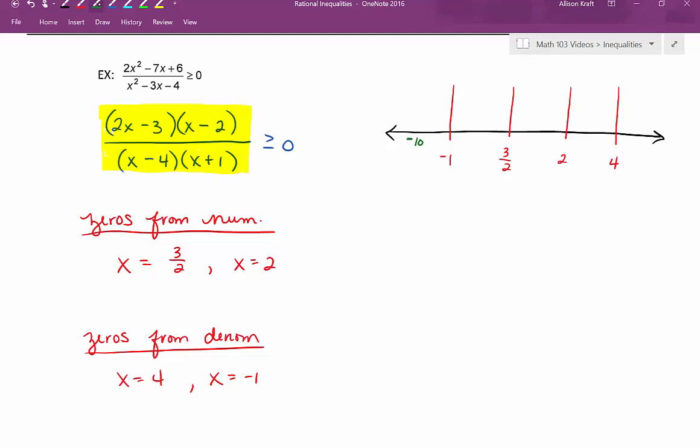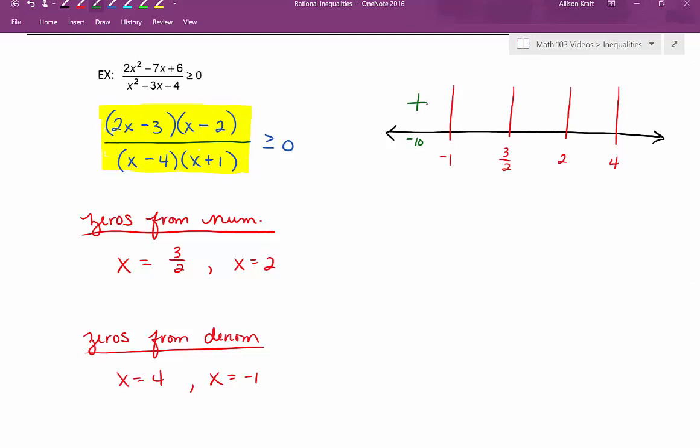Plugging into our factor of x minus 2, I get another negative. Plugging negative 10 into our factor of x minus 4, I get a third negative. And plugging negative 10 into our factor of x plus 1, I get a fourth negative. 4 negatives, following the even-odd rule, gives us a positive.